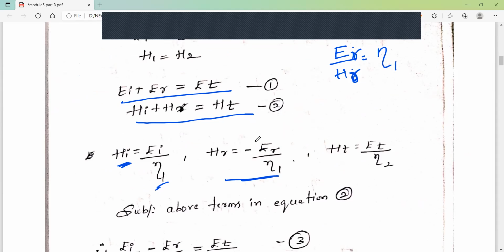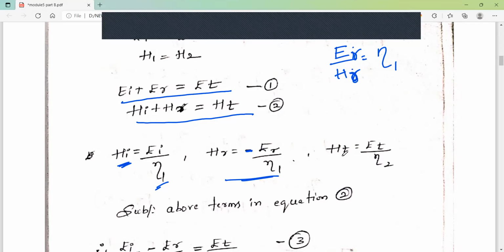So that's why we are putting a negative sign over here. This is important. When the electric field gets reflected, there will be a negative sign when it is reflected back. For that, we are putting this minus sign.